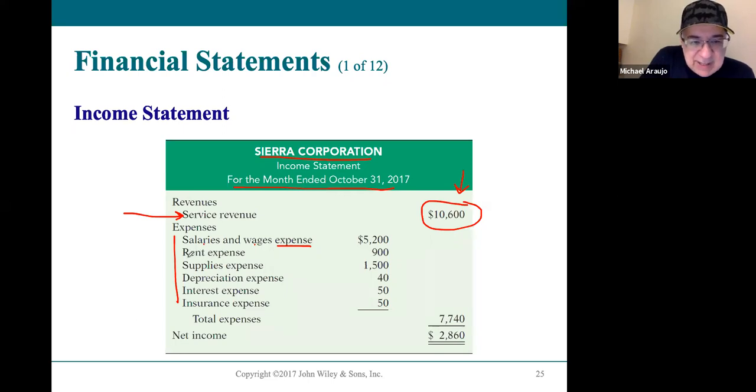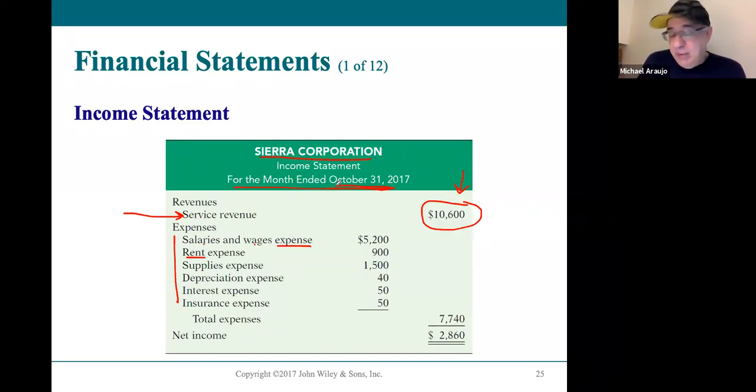Rent expense. This is specific money that was used to pay rent for the month of October. Most businesses rent their space. And I know you've probably been to the mall, not that you're missing much, but nonetheless, every business in the mall is renting that space from the owners of the mall. So that means that every single business in the mall has a rent expense every month because they're paying rent by the month.